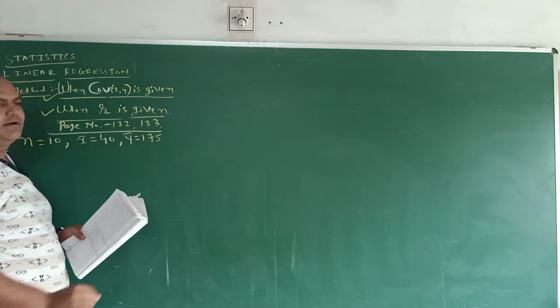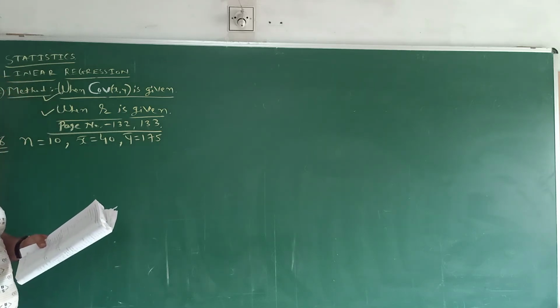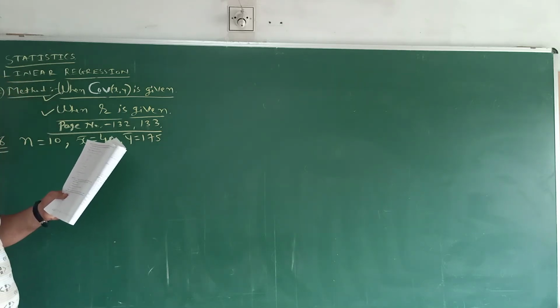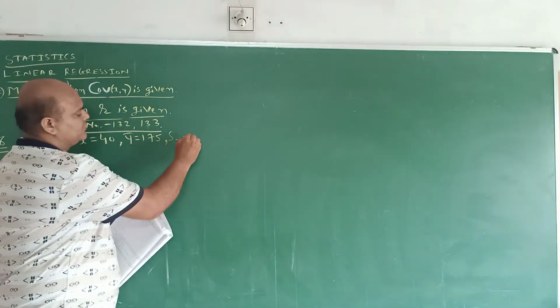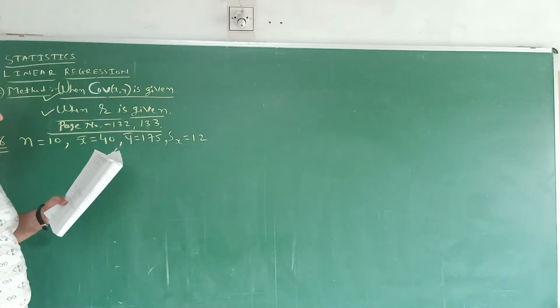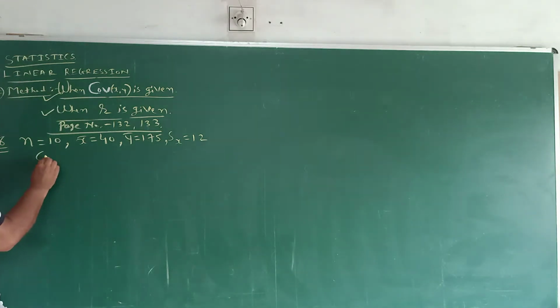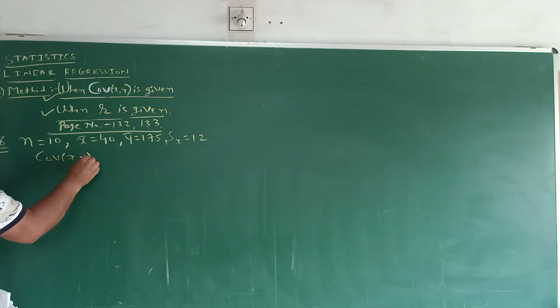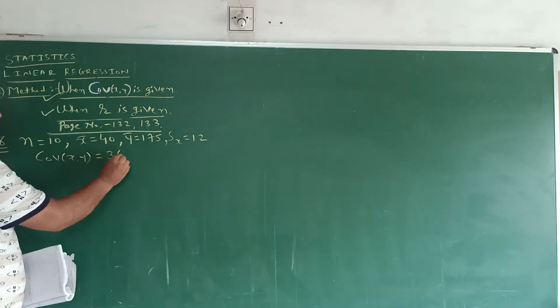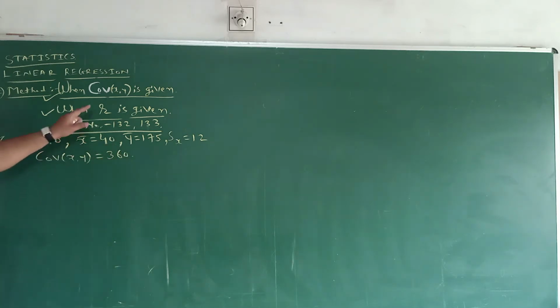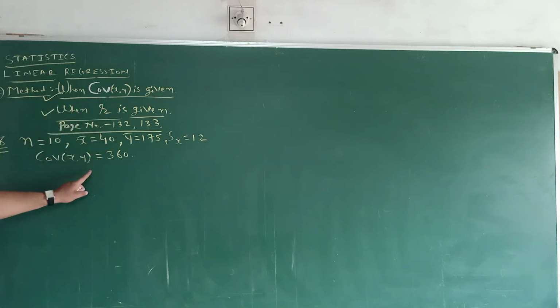Y bar is equal to 175. Everything is given ready in the question, my dear students. Sx is equal to 12, and covariance xy is equal to 360. See, I wrote here the name of the method where covariance xy is given.